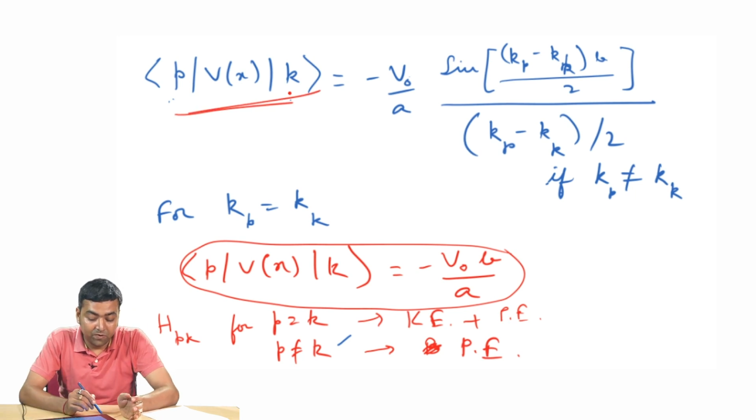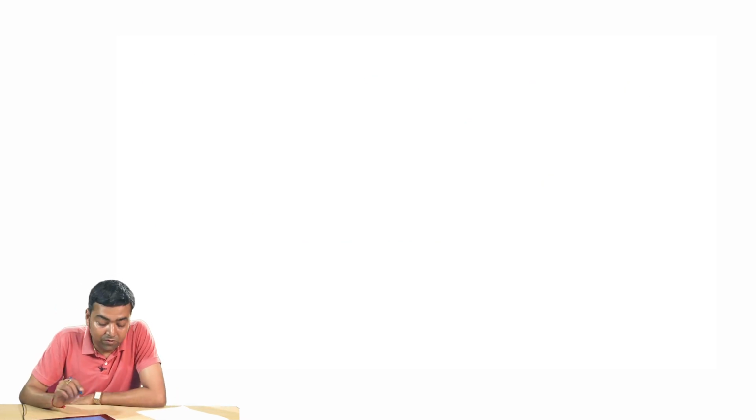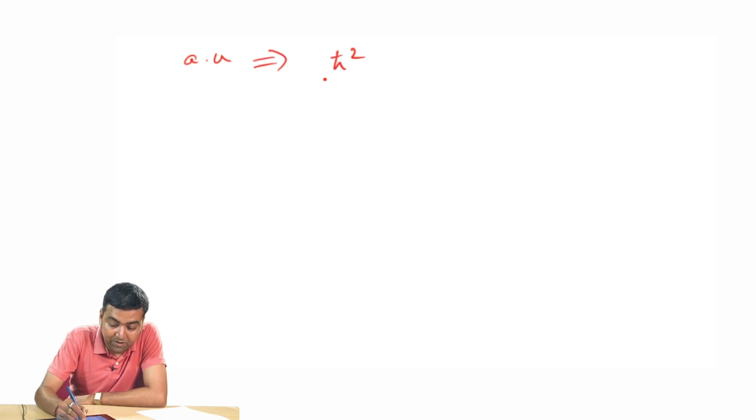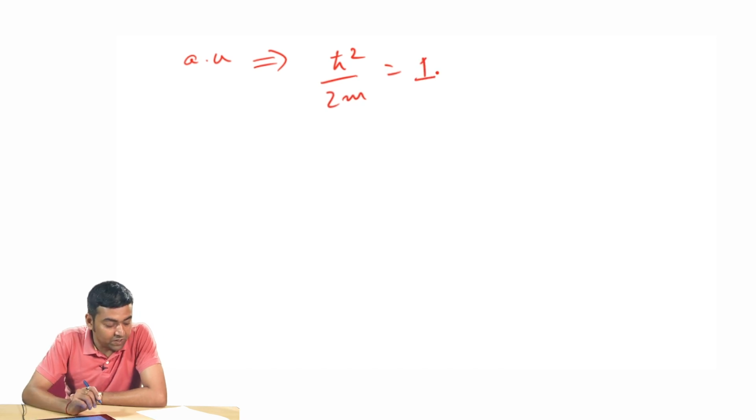So, what we will do is, we will now write a program to solve these things. In order to simplify our life, we will use atomic units. What I mean by atomic units is, I will assume h cut square by twice m equals 1. Okay.